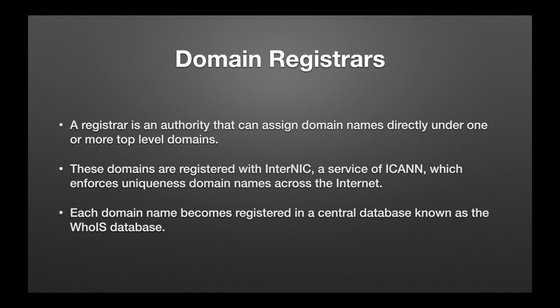These domains are registered with InterNIC, a service of ICANN, which enforces uniqueness of domain names across the internet. Each domain name becomes registered in a central database known as the WHOIS database.